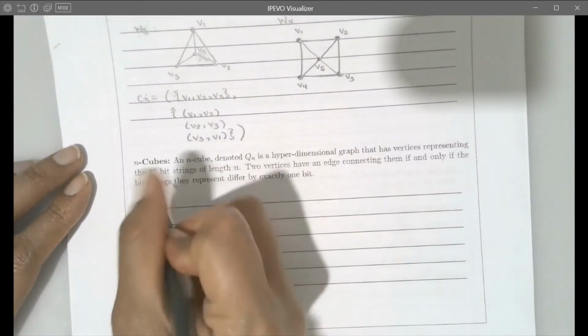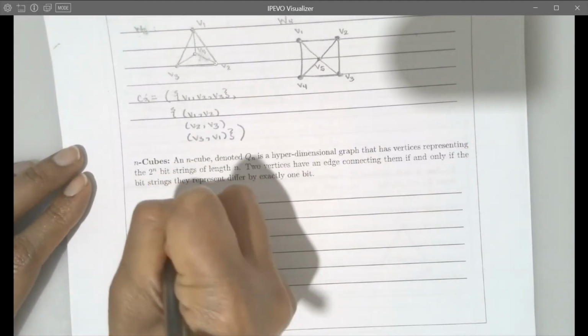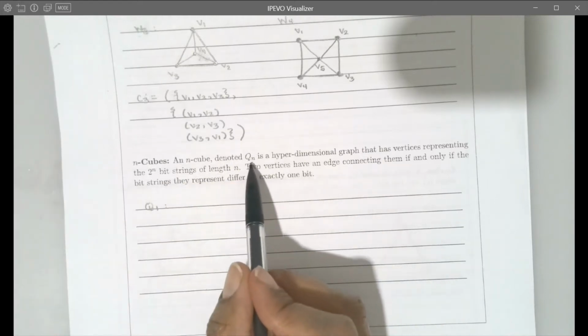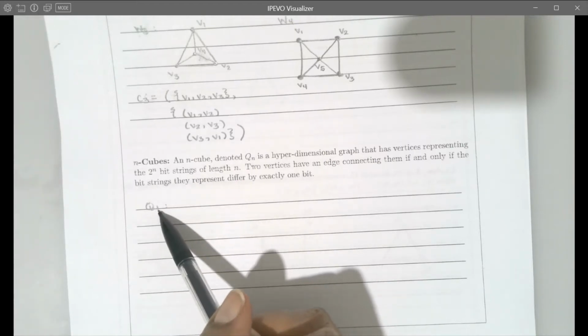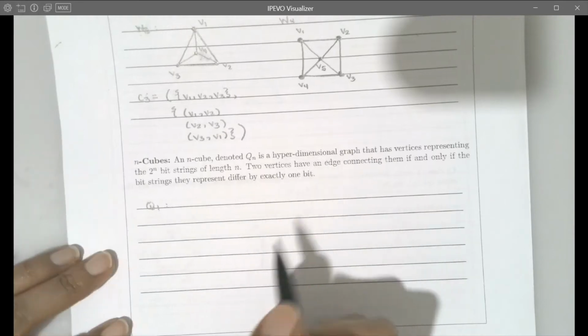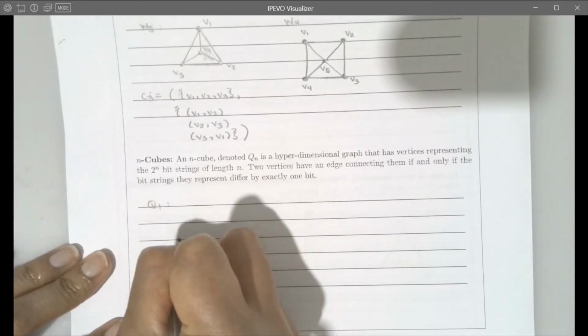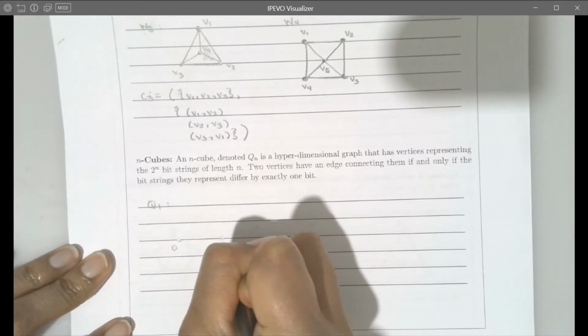Okay, so let's take a look at Q1. So Q1 means that we're looking at vertices that represent bit strings of size 1. So how many different bit strings of size 1 do we have? Well, that would be 2 bit strings. One of them is a 0, the other one is a 1.